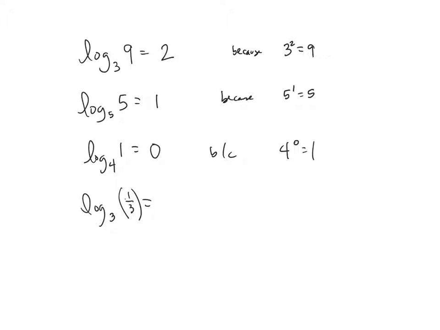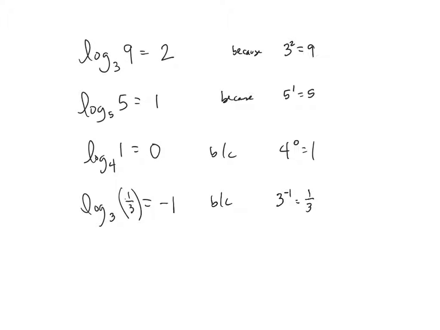Log base 3 of 1/3. So let's see. I have a 1 on top of a fraction with something underneath. So that usually, if I'm thinking of exponents, indicates a negative exponent. If I raised 3 to the negative first, that would be the same thing as 1 over 3 to the first. So log base 3 of 1/3 is negative 1, because 3 to the negative first is 1/3.